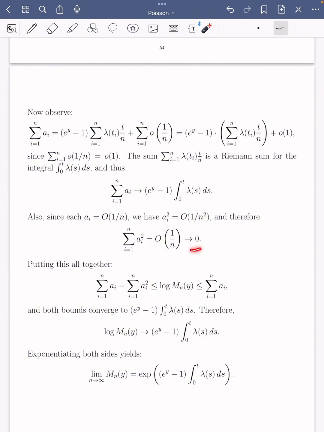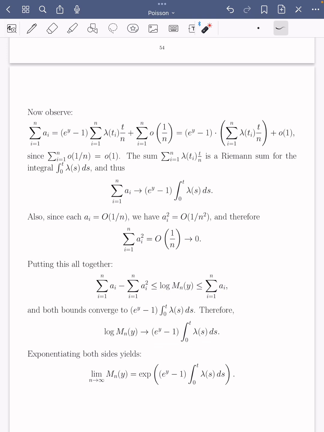If we put this together, we know that the log of M_n is less than or equal to the sum of a_i, but larger than the sum of a_i minus the sum of a_i squared. But again, this term goes to 0, and this term converges to this value.